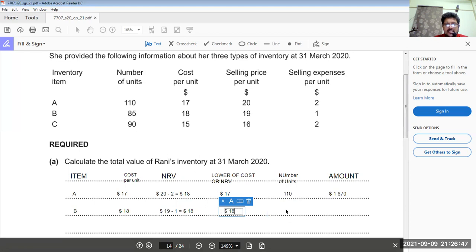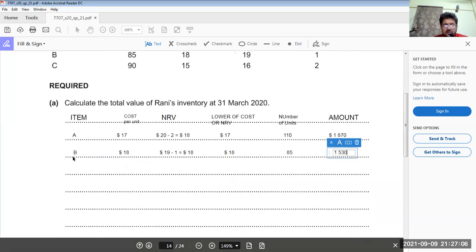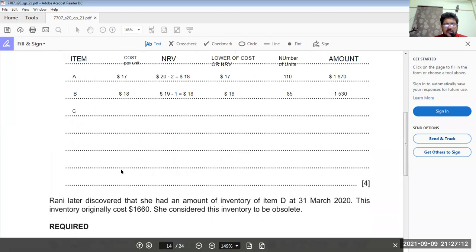Number of units 85. So 18 multiplied by 85, 1,530. Come to item C. We have cost 15.